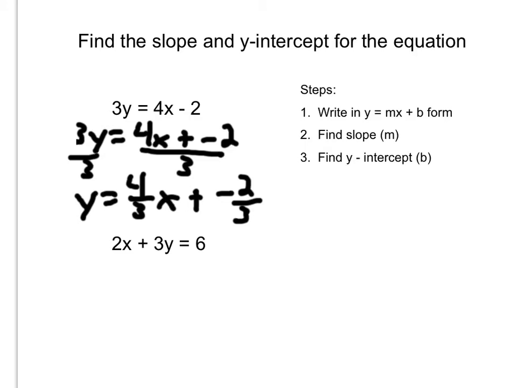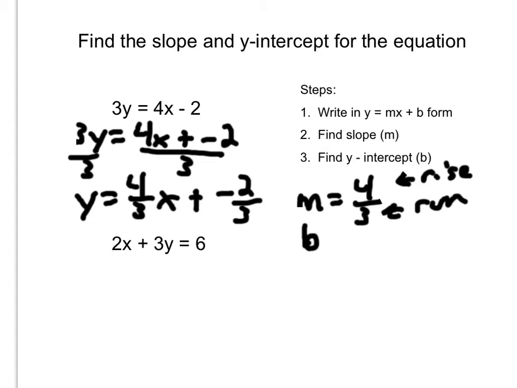Then we want to find the slope and y-intercept. So the slope is m. So I'm going to put m equals, and again, it's y equals mx plus b, so m is always the number that's attached with the x. Tells you the slope is 4/3. So again, that means that 4 is the rise, and 3 is the run.